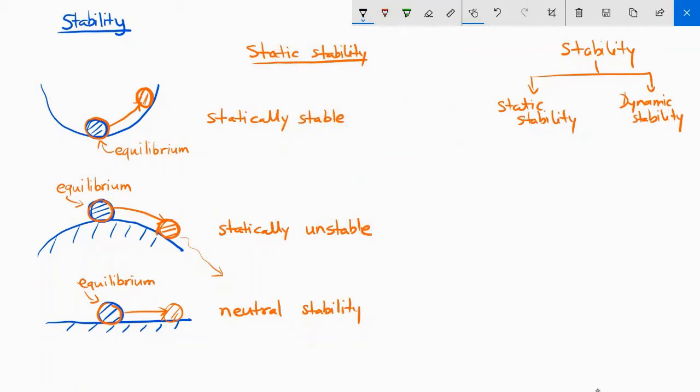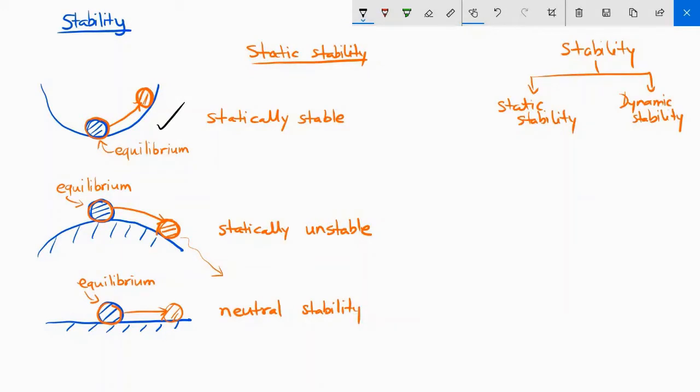For instance, this is an example of a statically stable system because you disturb it, you move the ball slightly away from its equilibrium position, it has the initial tendency to come back to its equilibrium. So it's like a person who leaves home and goes to another country, and the initial tendency of this person is to want to come back to the home country. So this is an example of being statically stable.